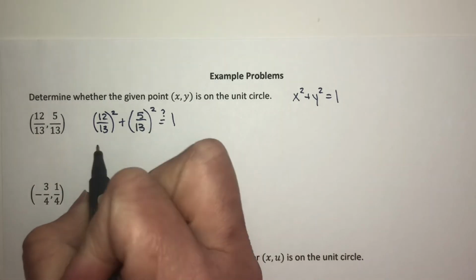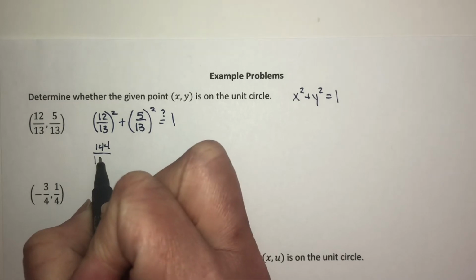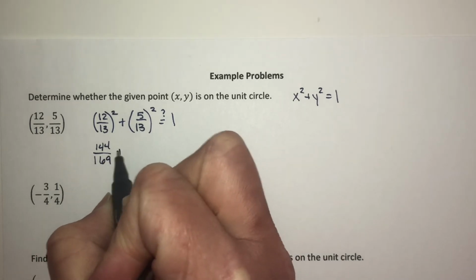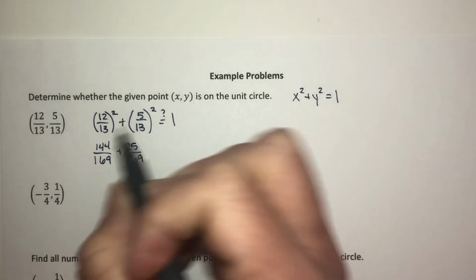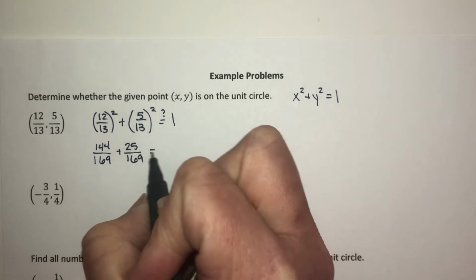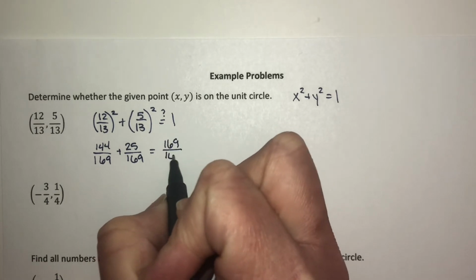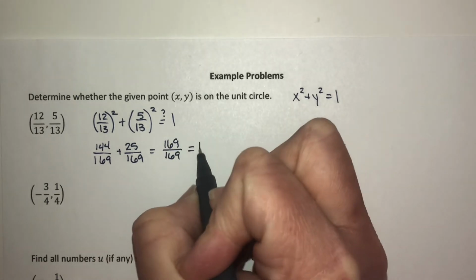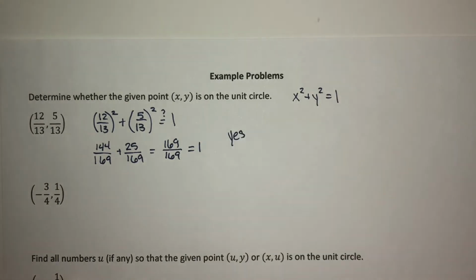Well, if you square each of these, you get 144 over 169 plus 25 over 169. You have a common denominator, and if you add that across the top, you get 169 over 169, which does equal 1. So yes, this point is on the unit circle.